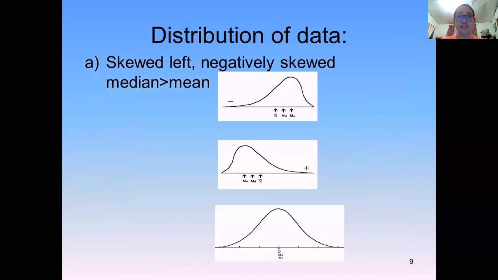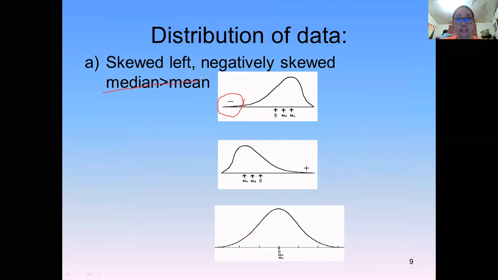So here is another thing, the distribution of a data set. As you can see, skewed to the left is negatively skewed. When I say skew, this is the skewness of the line. This will describe the distribution of the data.